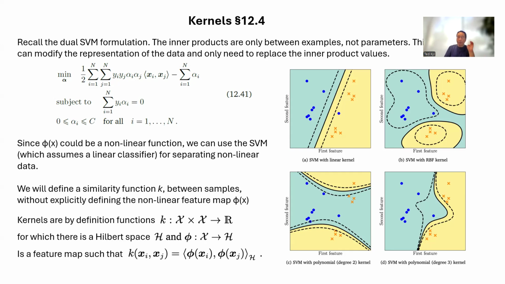Now, in the case where you used a kernel, technically you're not using X, you have to use phi of X, the transformed version of X, which is a little bit trickier if, say, the transformed version of X is in an infinite dimensional space. But nevertheless, if it's just quadratic or cubic, that's not a really big deal.